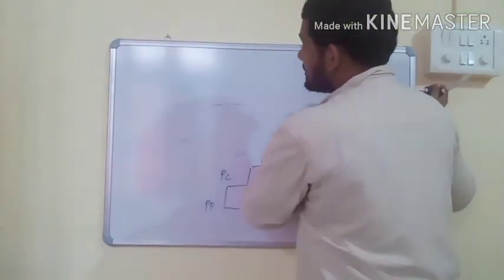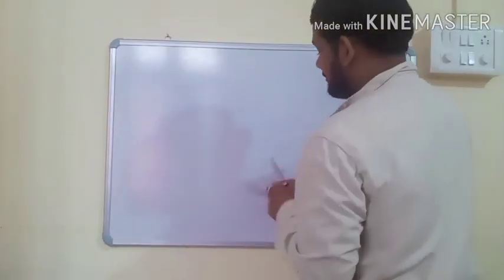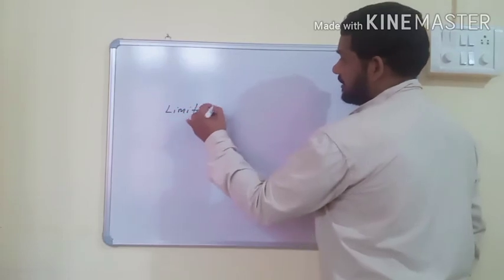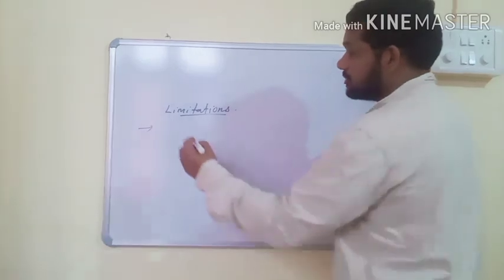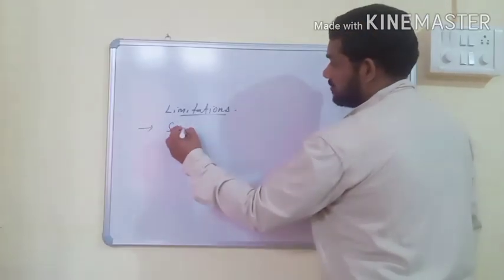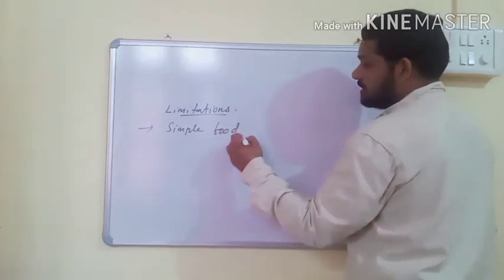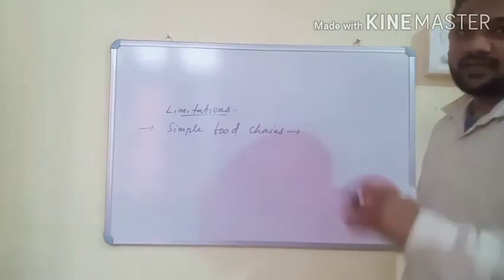And these ecological pyramids have some limitations. So what are the limitations of ecological pyramids? Ecological pyramids assume food chains are very simple, straight. But simple food chains do not occur in nature.